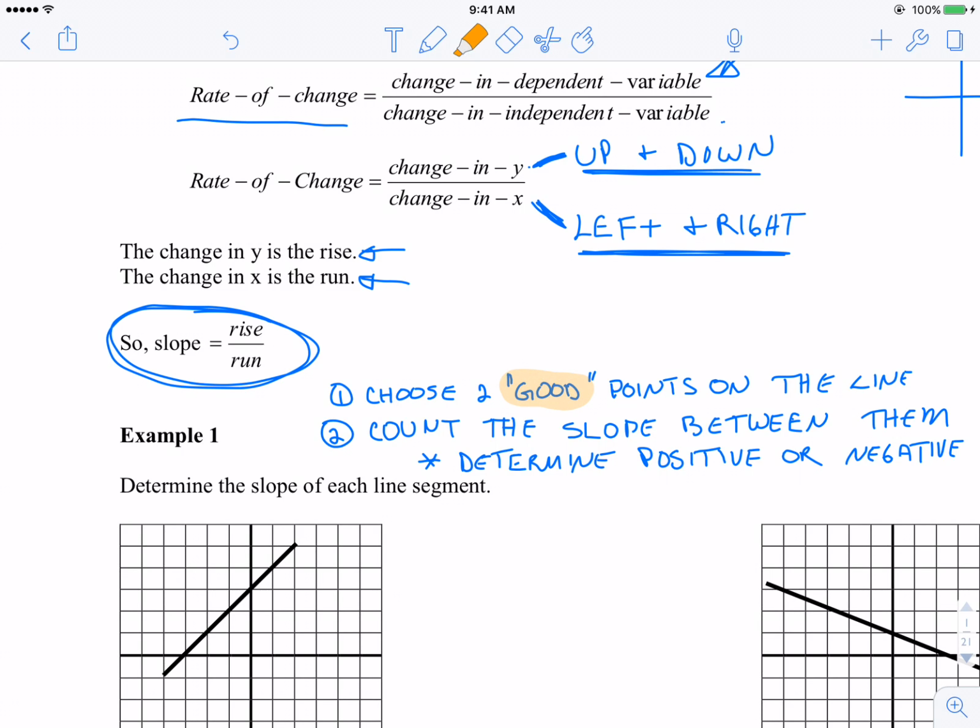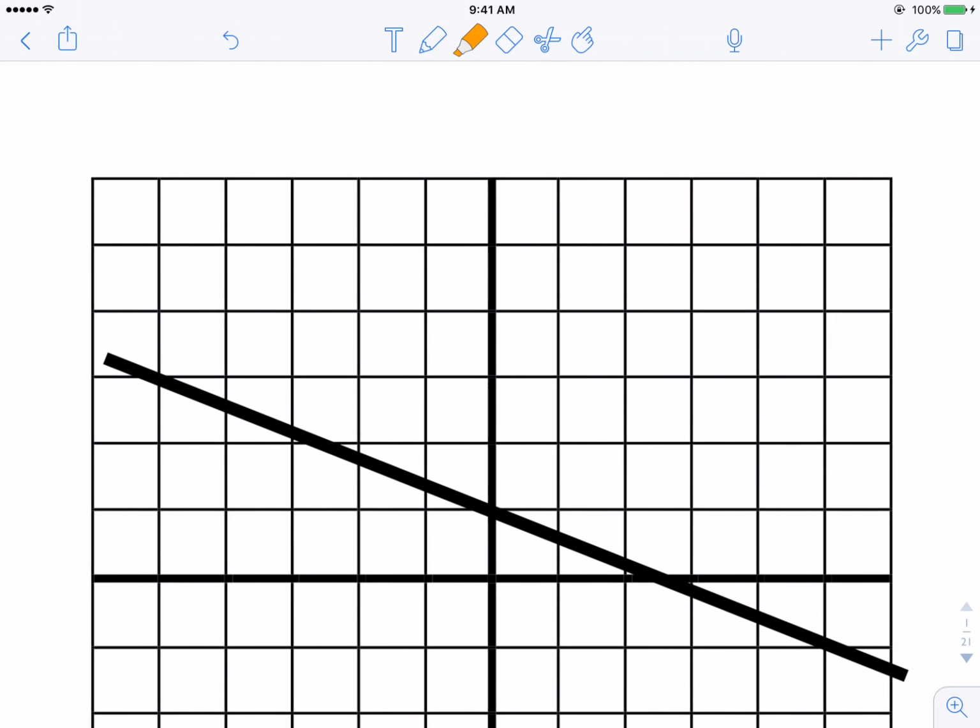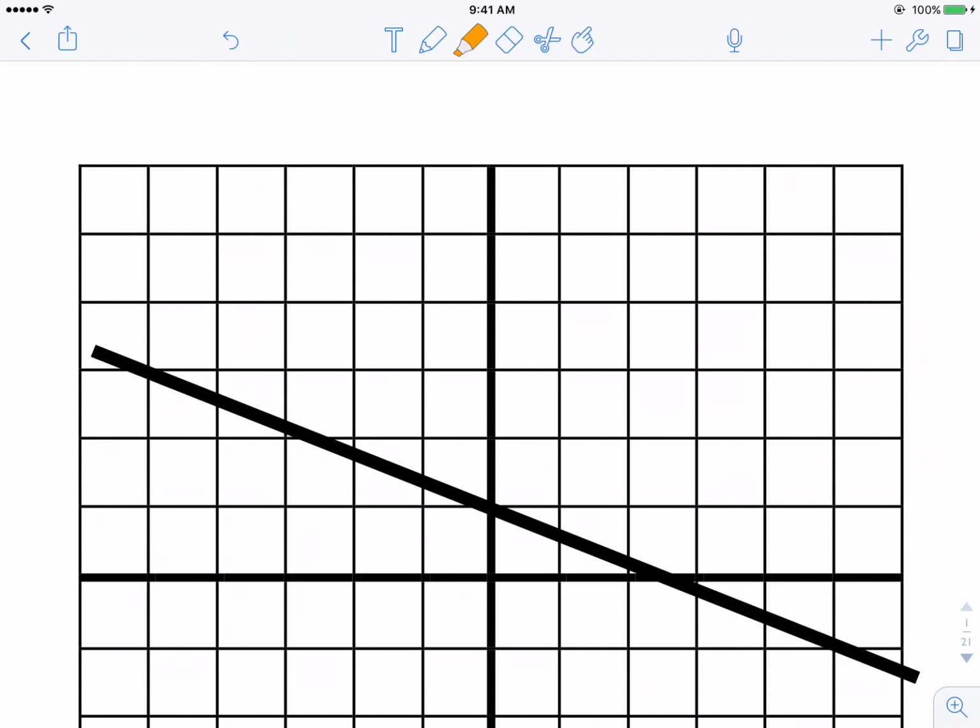Good points are points on the line that fall at intersection points that we can easily read. So if I look at example 2 here, choosing 2 good points, I would not necessarily want to choose this point right here, nor this point right here or this point right here, because they're very difficult to read from the graph.